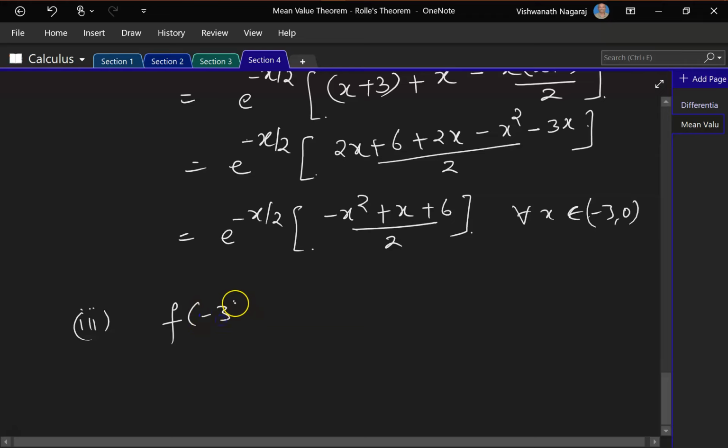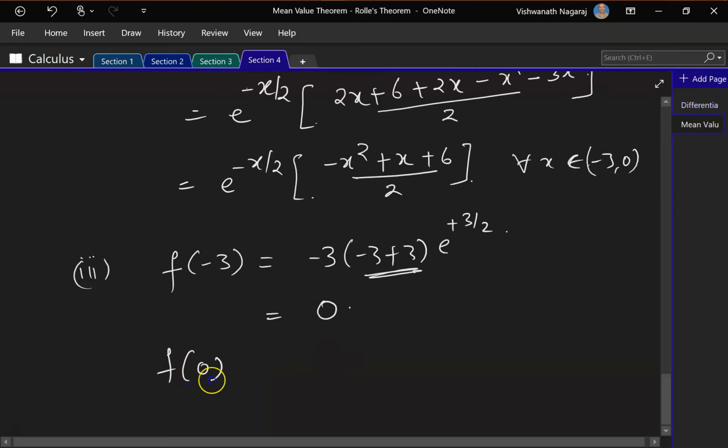Remember, so f of minus 3 is equal to what? Remember, we are talking of x times x plus 3. So x here is minus 3 times minus 3 plus 3 e to the power of minus 3 by 2. Minus into minus plus, so plus 3 by 2. This becomes 0, so this entire thing is 0.